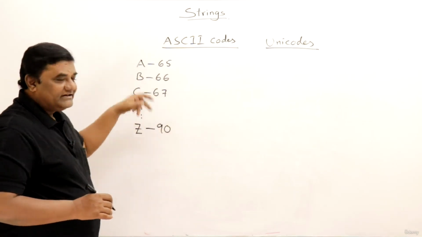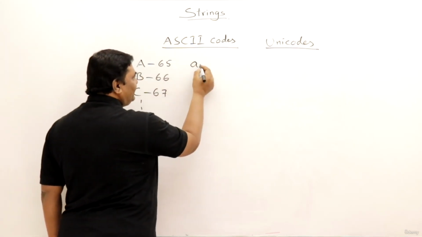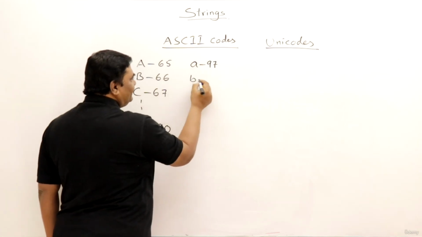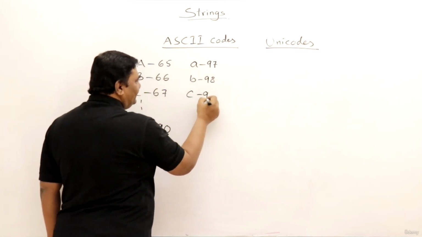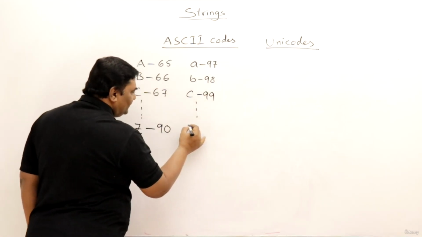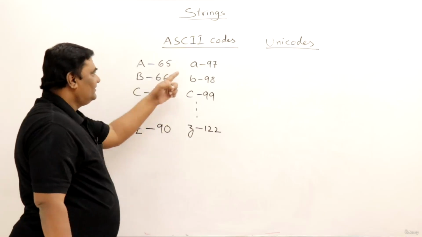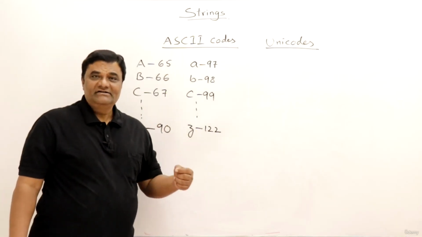So these are 26 codes. For lowercase alphabets also ASCII codes are there, that is 97 for lowercase a, then 98 for lowercase b, 99 and so on, and lowercase z is 122. So these are for alphabets, English language letters.